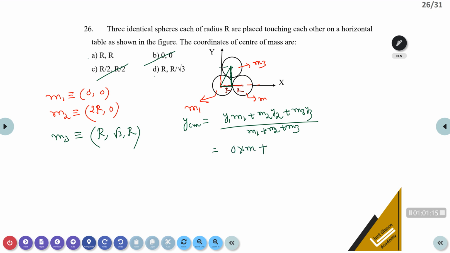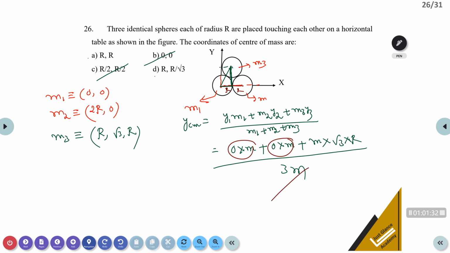Second is also 0 into m, plus m3 into y3. y3 is root 3 into r, divided by 3m here. This term is net 0, this term is 0, so this m gets cancelled. So root 3 by 3 into r, or else we can write r by root 3. That means this is the right choice.